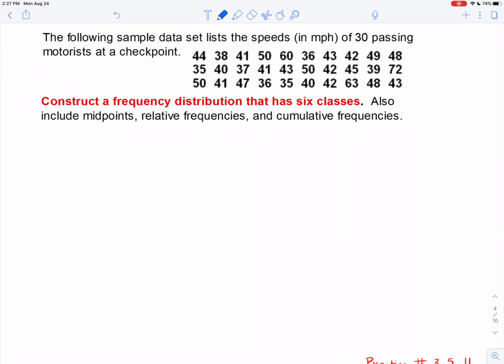That's exactly what I'm going to do with my first data set here. Notice I have a sample data set. It contains 30 speeds for passing motorists at a checkpoint. And what I'm asked to do is construct a frequency distribution. Based on the example that we just saw, a frequency distribution means I should be able to identify classes of data and a frequency for each class.